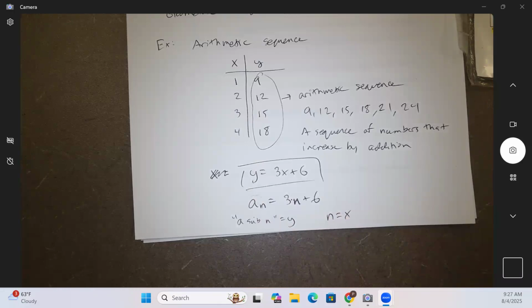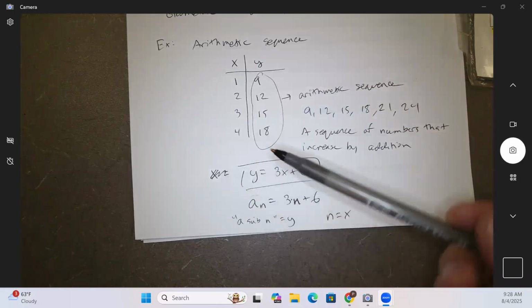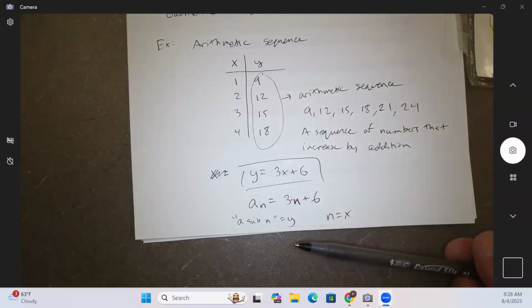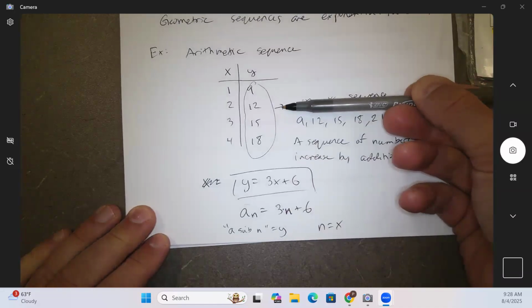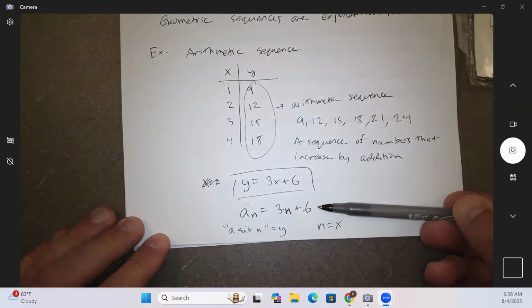So a lot of the exercises involved with sequences is, here's the first four terms, figure out the next one. Or here's the first four terms, figure out a formula. Or here's a formula, what are the terms going to be? But it's all about a numeric representation of a linear function and a symbolic representation of that same linear function.